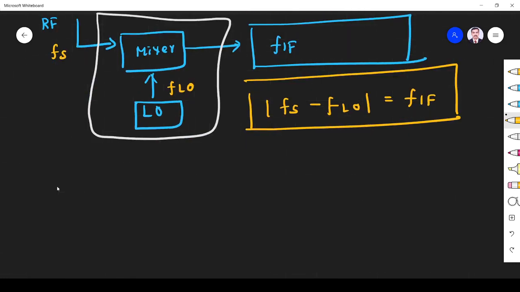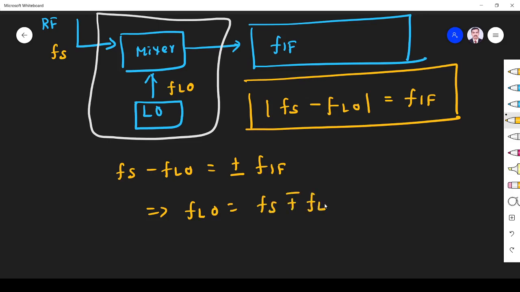If I simplify, Fs minus FLO is equal to plus or minus FIF. Clear? Because it is a magnitude, the difference may be either plus or minus. This indicates FLO is equal to Fs minus or plus FIF.